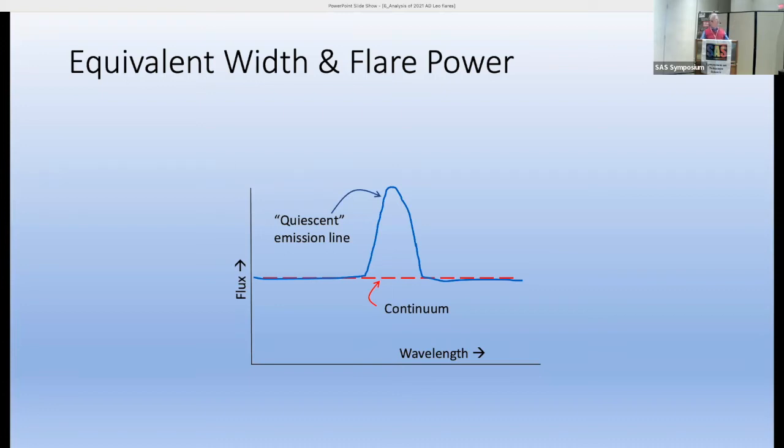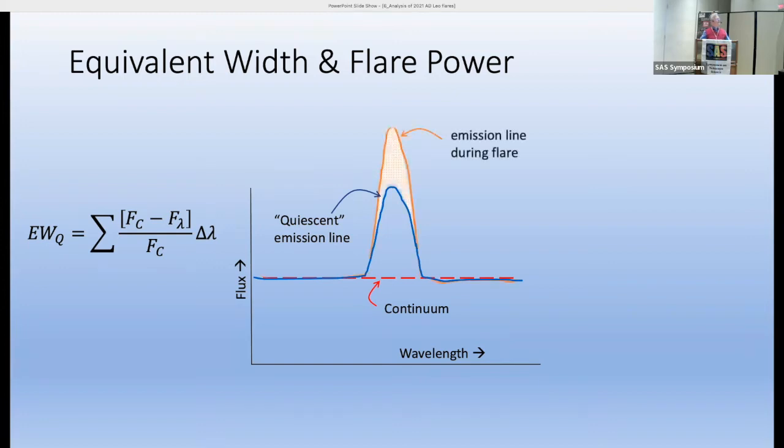Equivalent width is in the textbook model. You see a plot of flux versus wavelength. There's a continuum level shown in red, and the emission line peaks up above there, and the textbook definition for calculating equivalent width tells you the strength of the line. And we call that EWQ because it represents the quiescent or quiet status of the star.